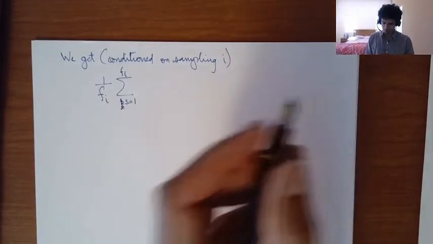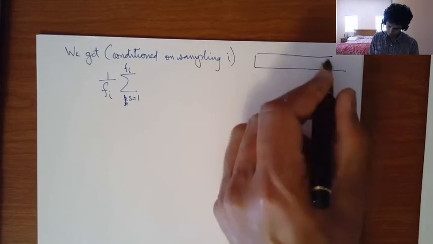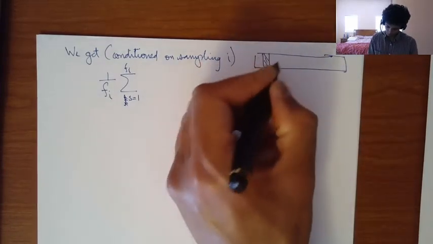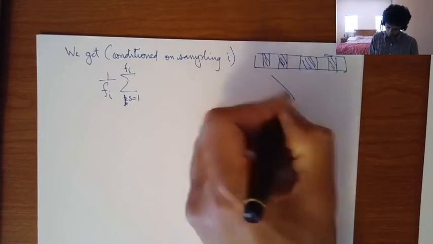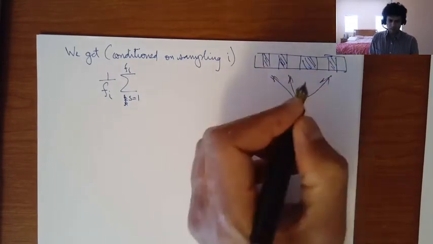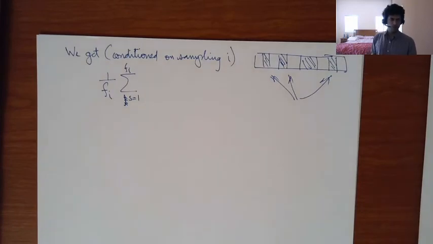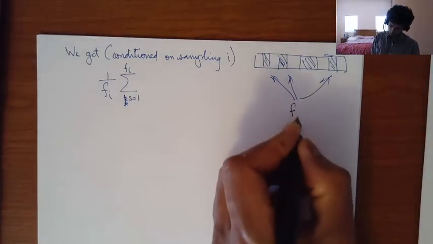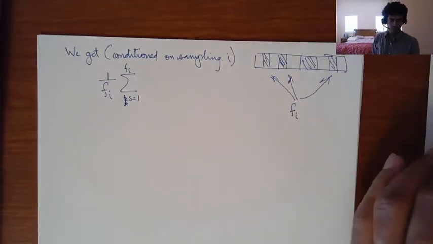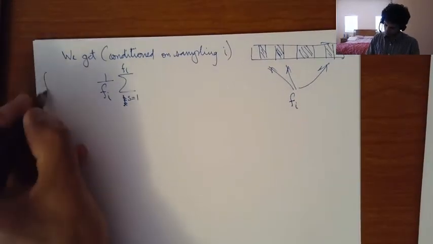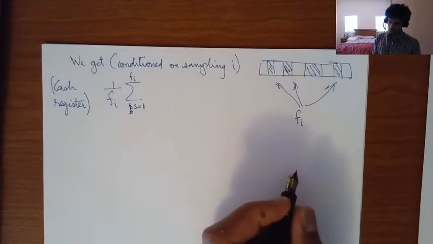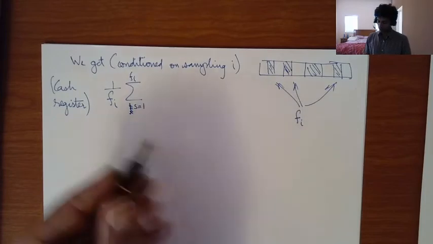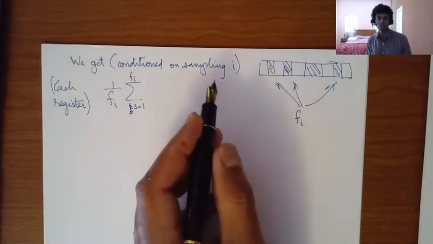Here is my stream. Let's just think of the cash register model to keep it simple. There were f_i occurrences. I picked one of these at random because I'm conditioning on sampling i.